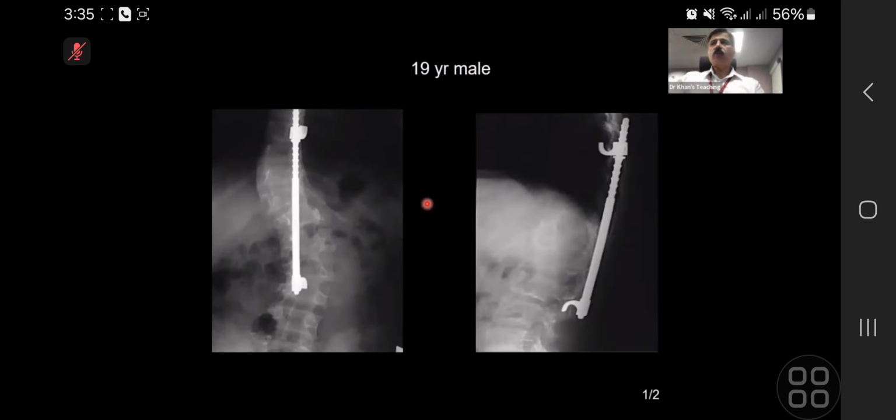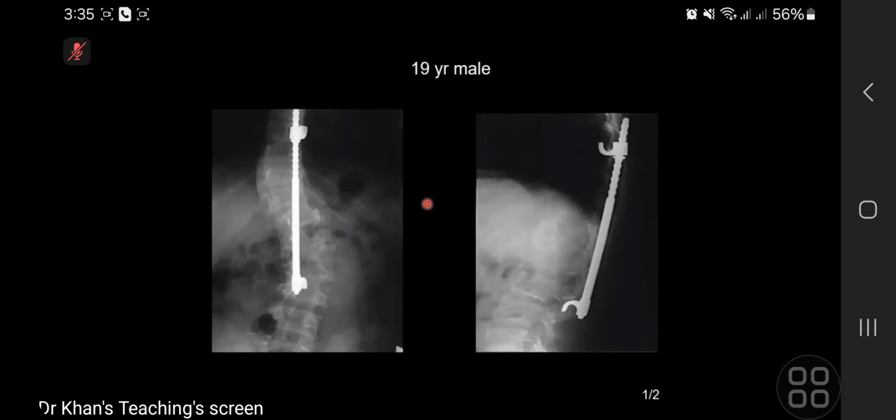Okay, can you please once again take over and describe this case for us? These are frontal and lateral radiographs of the lower thoracic and upper lumbar spine for a 19-year-old male. There is long segment spinal instrumentation through the posterior elements. There is also a scoliosis of the spine.